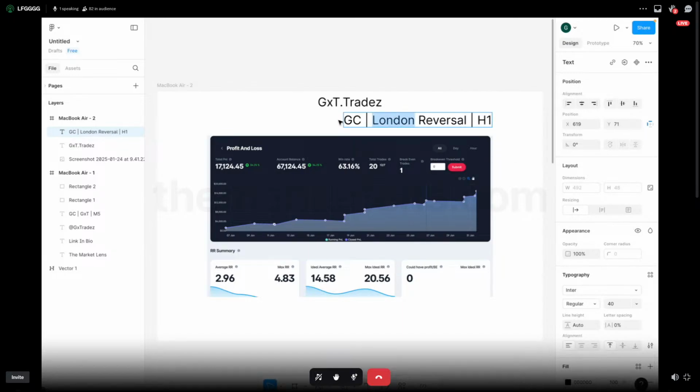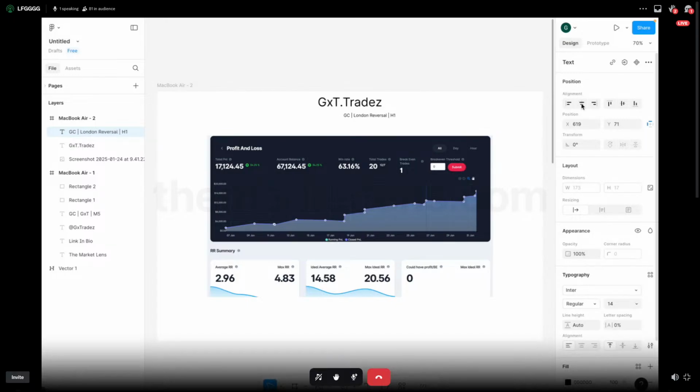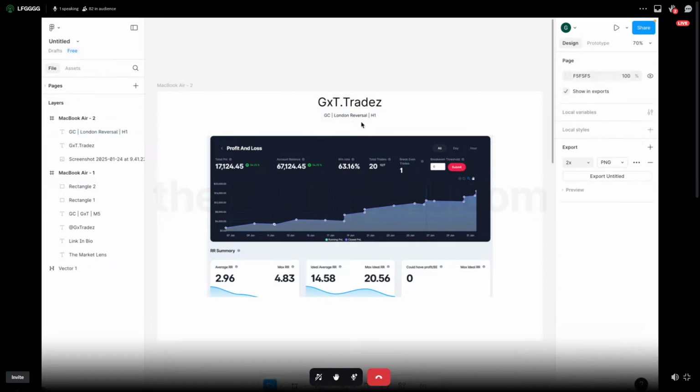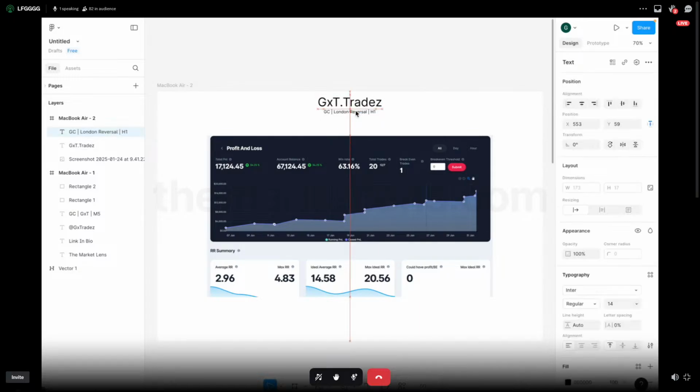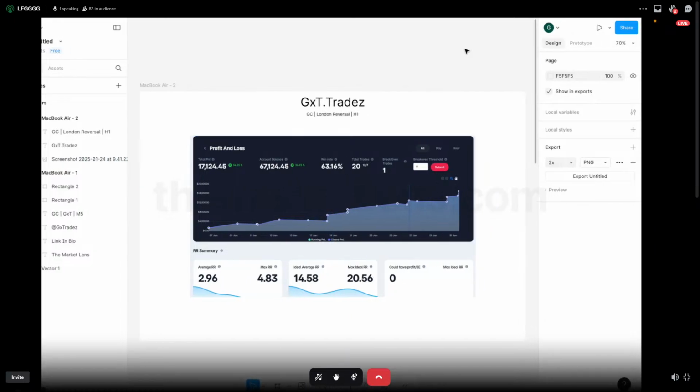Also, you need to make this a lot smaller, and you center that as well. But this is more if you want to post on Instagram. And then you don't have to put anything down here, low-key. It's just like that. Does that make sense? Pretty easy.